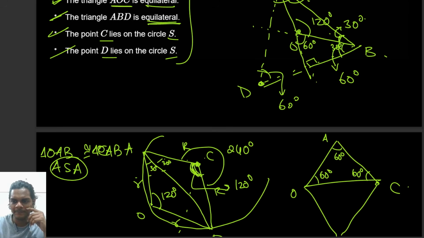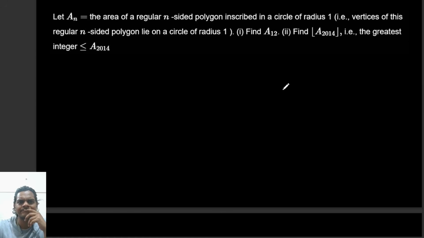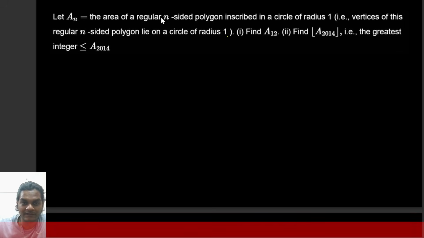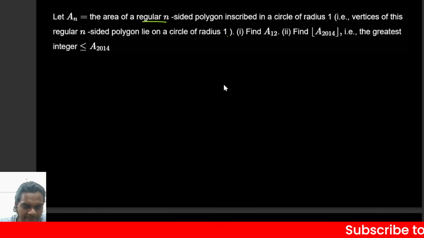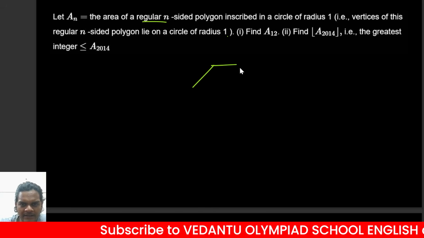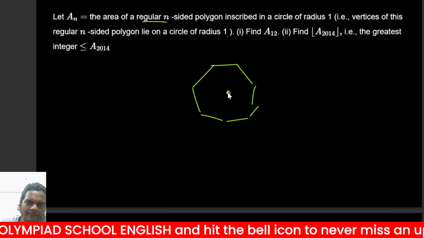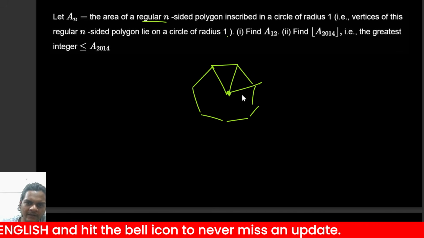All right. Next. Last question for today. Pause the video and try it for yourself, and then we'll see. The important thing to note is, if you have a regular n-sided polygon, let's say I take any number of sides, it keeps on going till it is n.